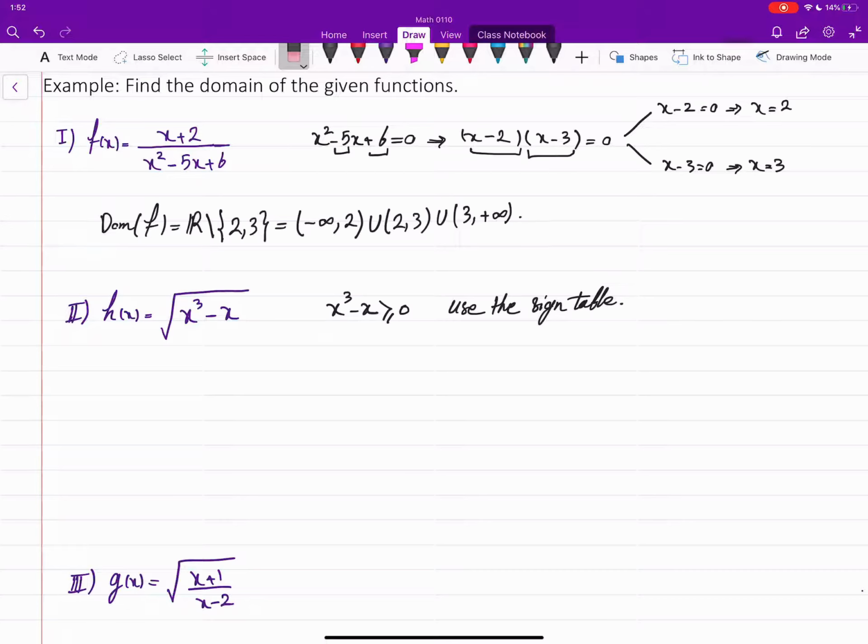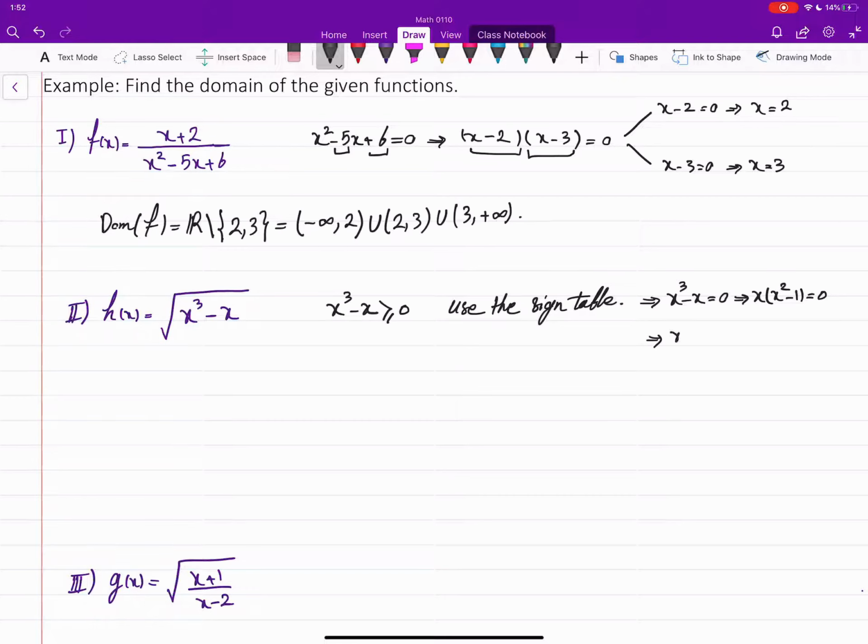Well, to do that, the first step is to find where this is 0. Zero is where the sign changes, or may change. And don't try to solve this directly. I can factor out x and get x squared minus 1 equals 0, and then factor x squared minus 1. a squared minus b squared is a minus b times a plus b.